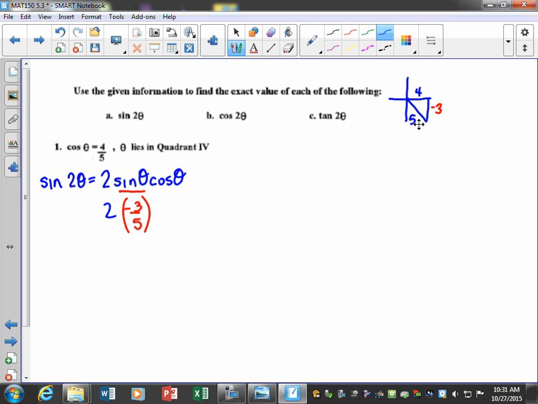And now let's evaluate cosine of theta. Well, we already know what cosine of theta is because it was given in the problem, so we'll just put 4/5 there. And then it's a simple multiplication. You can cross cancel when possible, but if not, we multiply straight across the top. So that would give us -24 over 25. So this is the sine of 2 theta.